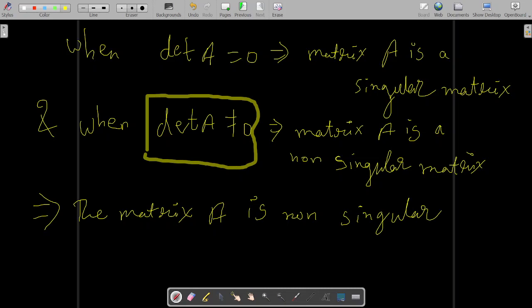So this is the thing which you have got. Now let us move on towards the second property. What does the second property say? Let me change the color also.